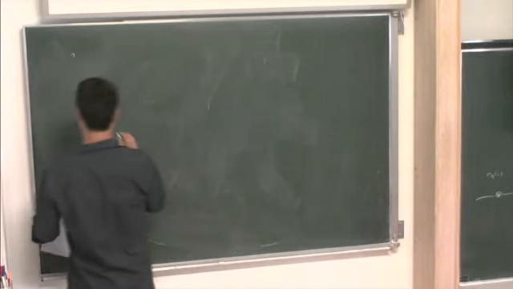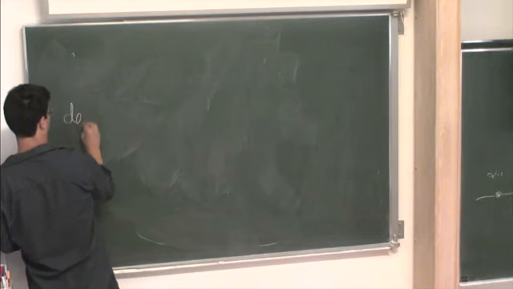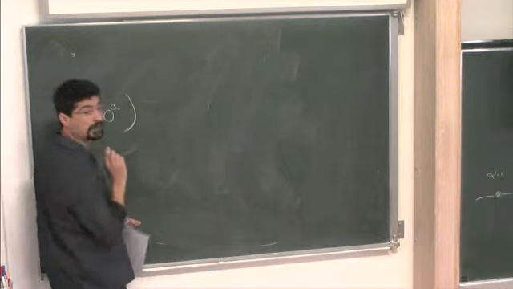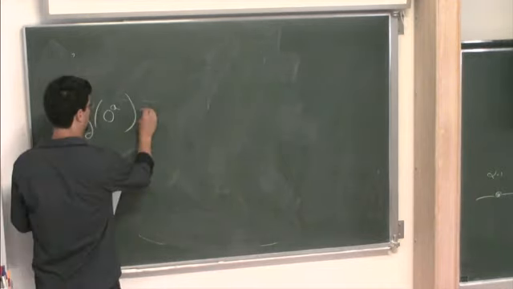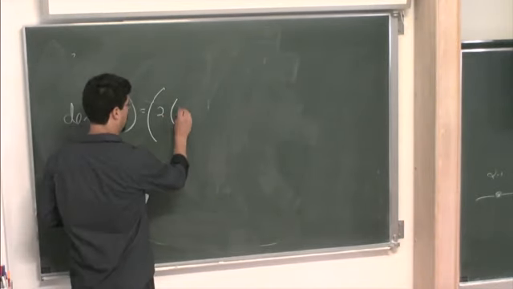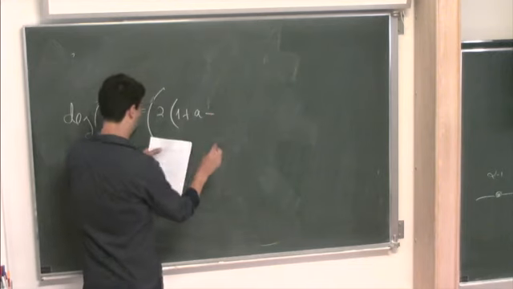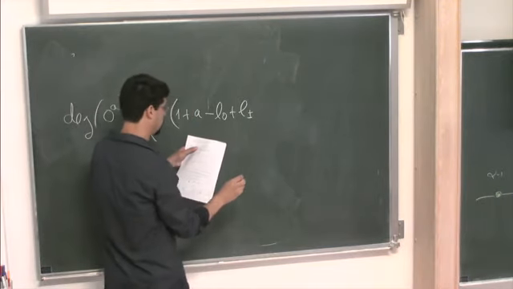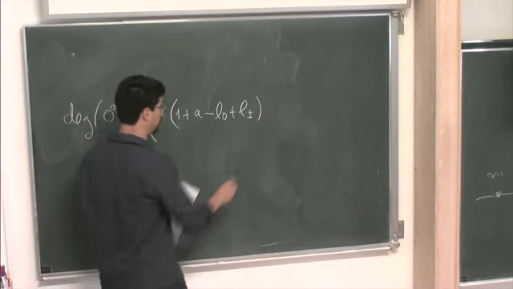So let's write the degree of a floating dot labeled A is given by twice 1 plus A minus L0 plus L plus minus. So this is the Q grading.